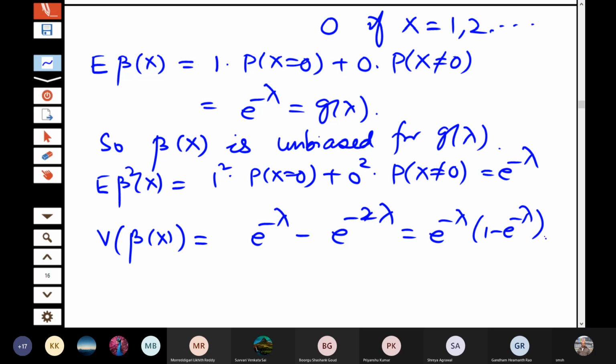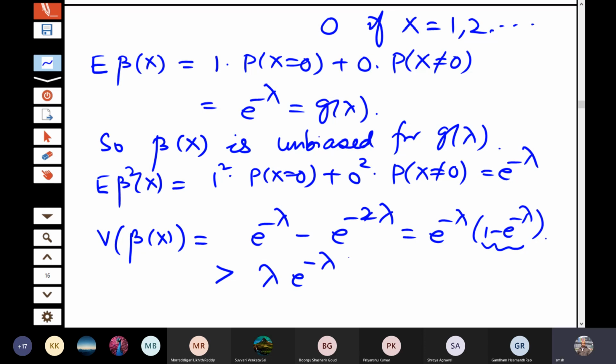which is obviously greater than lambda e to the power minus 2 lambda, because this is greater than lambda. You know this expansion. So in your maths 1, etc., you have done some such exercises. 1 minus e to the power minus x is greater than x for x positive. So this is greater than this.